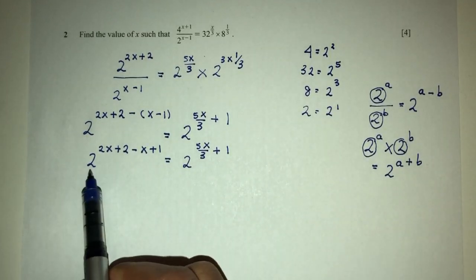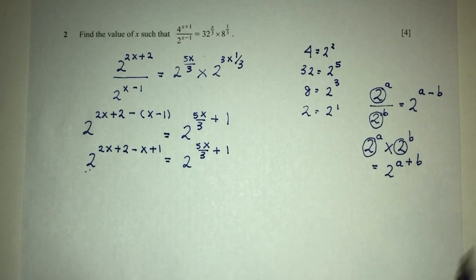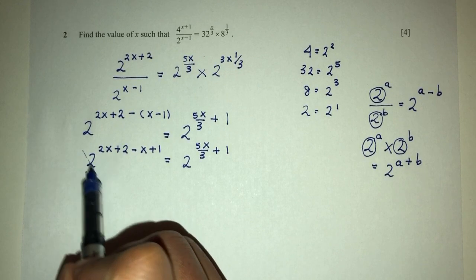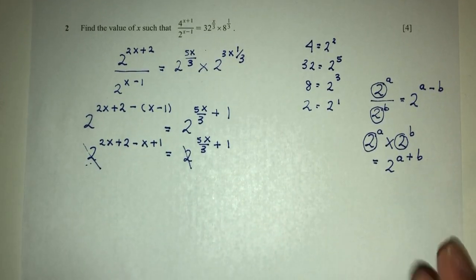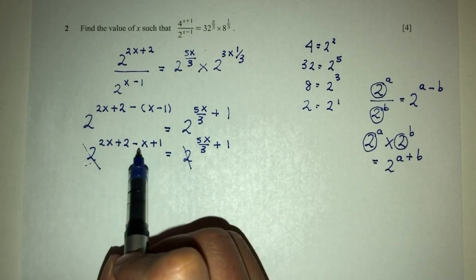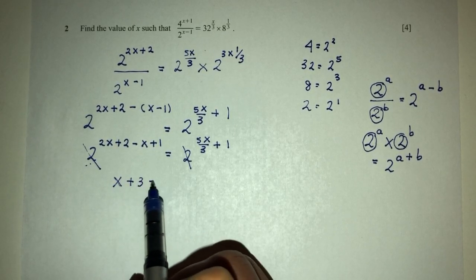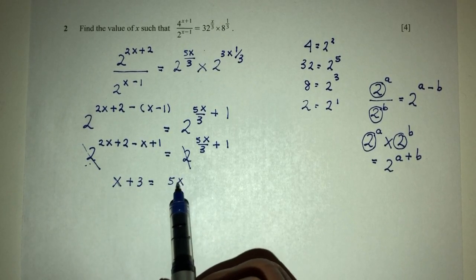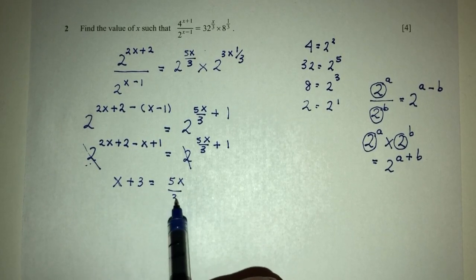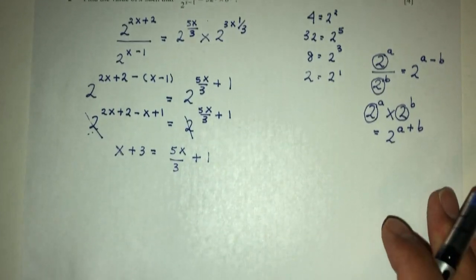Now because we have the same base of 2 on both sides, we can just cancel them. So cancel, cancel. You will have 2x minus x will be x plus 3, that will be 5x over 3 plus 1. So now we can simplify.